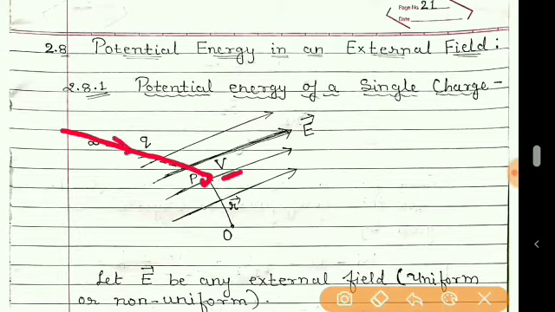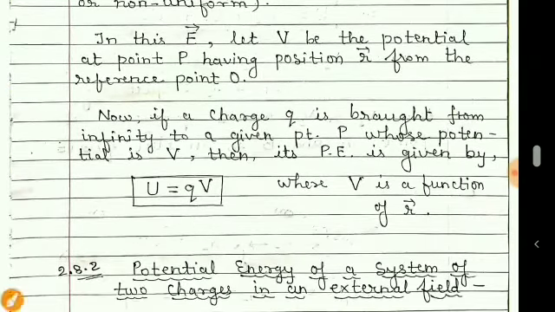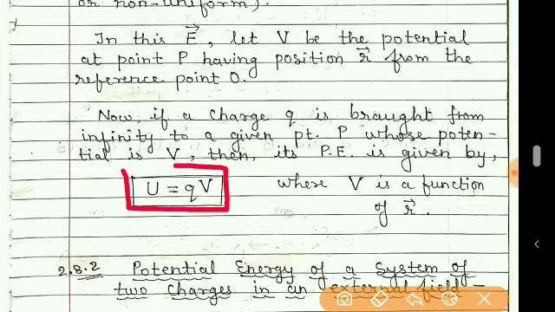So for that process we need to do some work, and that work gets stored in the form of potential energy. This concept we have already studied, and so finally we can say that the potential energy U in terms of V and Q is Q into V. We have also used this formula.